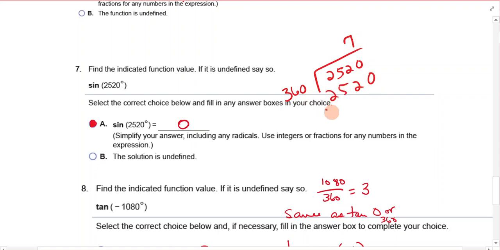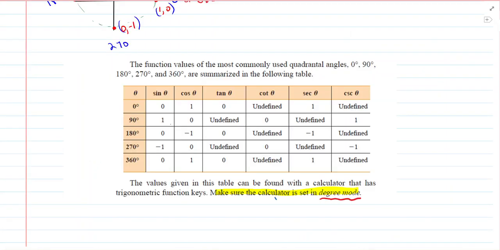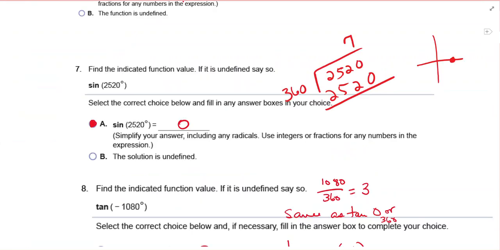So yeah, exactly. So ultimately, if you go around the unit circle, it's the same as if it were 0 degrees or 360. And so the sine of that, let's go look at our chart again one more time. So the sine of 360 is 0. 0 and 360 have the same thing. So that would be 0.